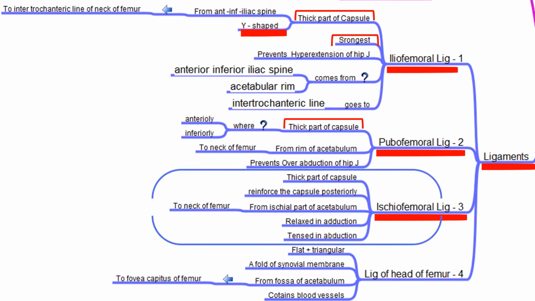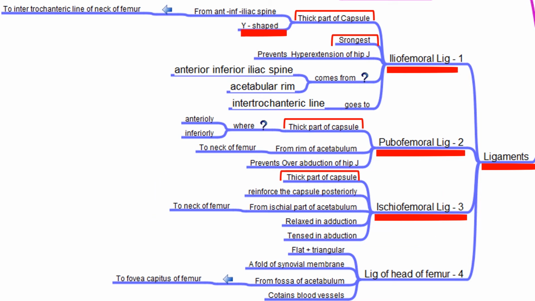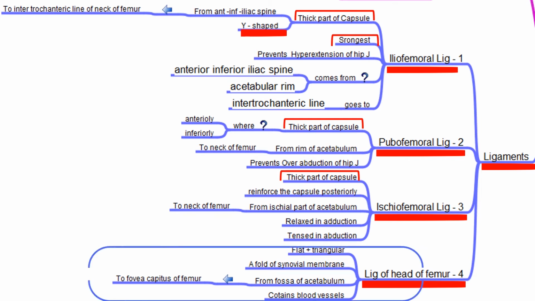It is a thick part of the capsule, just like the other two, and it reinforces the capsule posteriorly, from the ischial part of the acetabulum to the neck of the femur, and it is relaxed in adduction and tensed in abduction.